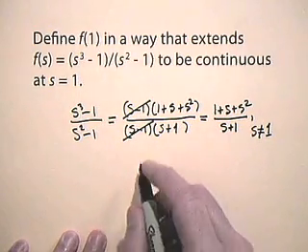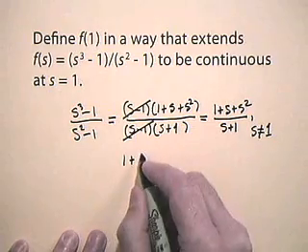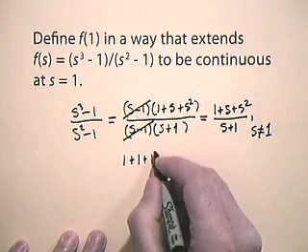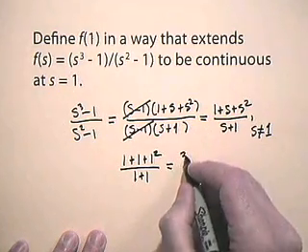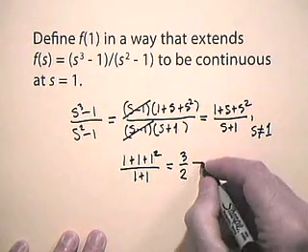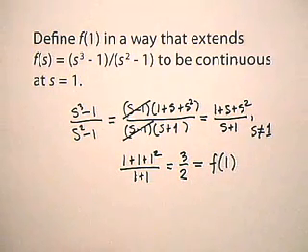So let's simply substitute in. We put s equals 1, we get in the numerator 1 plus 1 squared, in the denominator simply 1 plus 1, and so that's simply 3/2. And so now we see the way to define f at 1 is to simply require it to be 3/2.